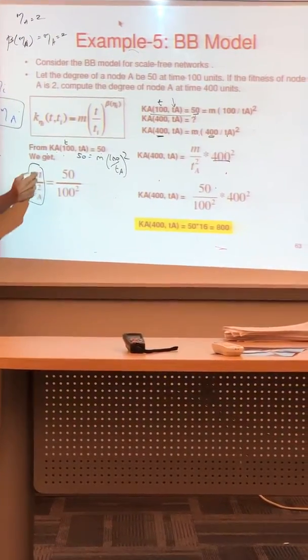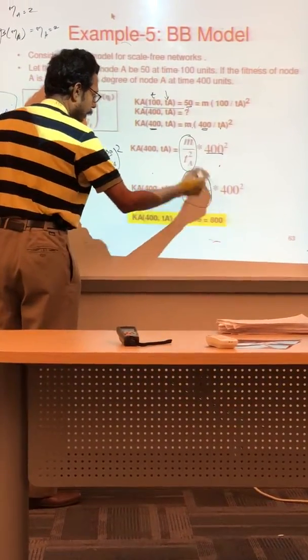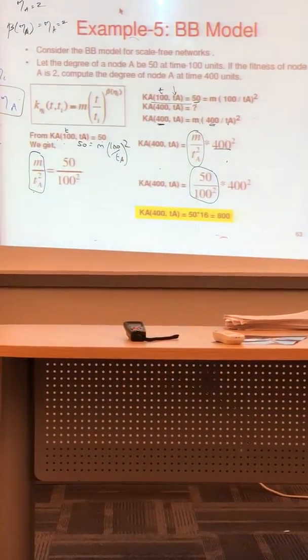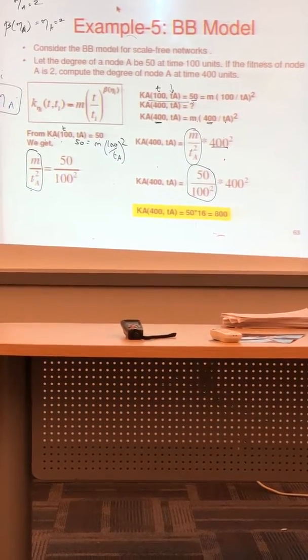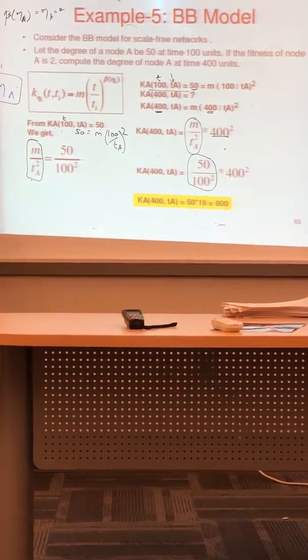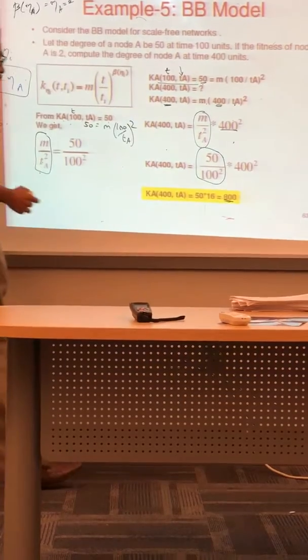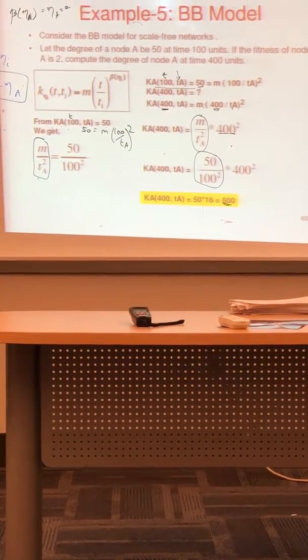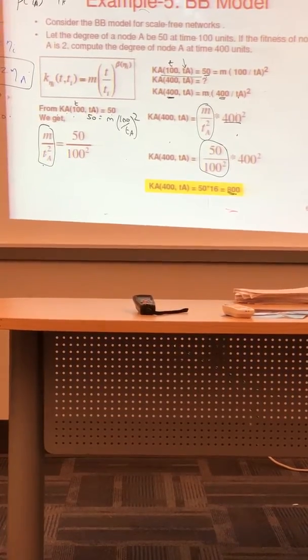But m over Ta square is 50 over 100 square. So 50 over 100 square times 400 square is 800. So what is the answer? The degree at time 400 time units is 800. Is that clear?